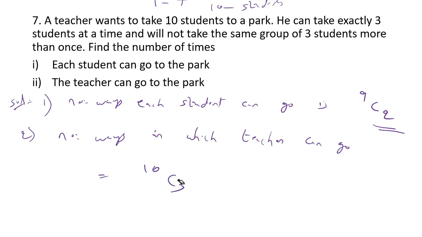This can be done in 10 choose 3 ways. If a particular student wants to go to the park, then the teacher is fixed, that particular student is fixed, and 2 more people should be taken to the park. Those 2 more people can be taken in 9 choose 2 ways. So a student can go to the park in 9 choose 2 ways, and the teacher can go to the park in 10 choose 3 ways.